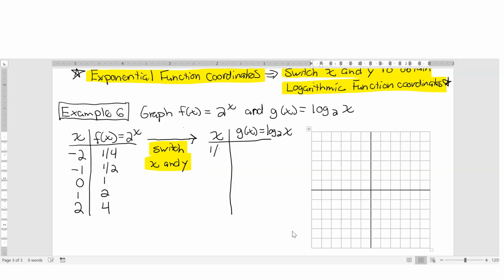So as we did in section 2.7, we'll just reverse or switch the x and y values. Very often when graphing a logarithmic function, it's much easier to generate the table of coordinates for the exponential function and just switch them than try to develop them directly.